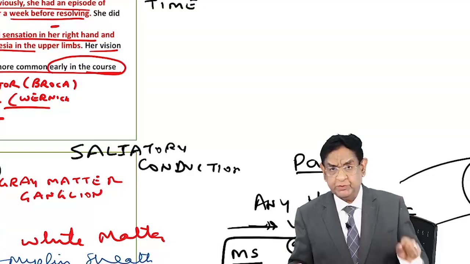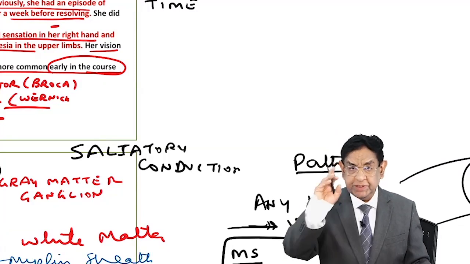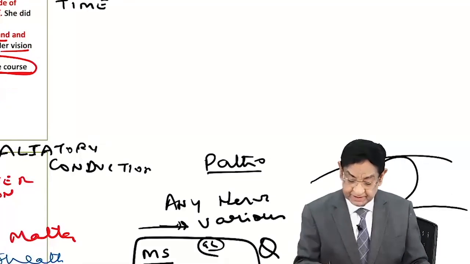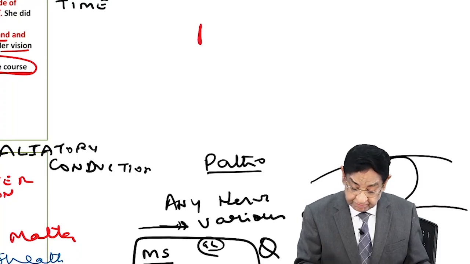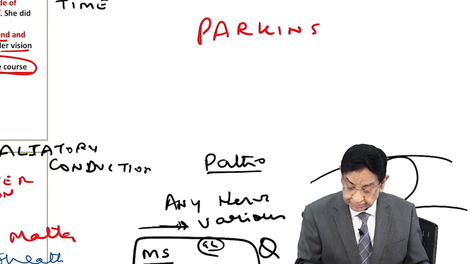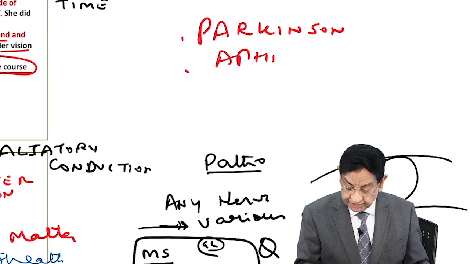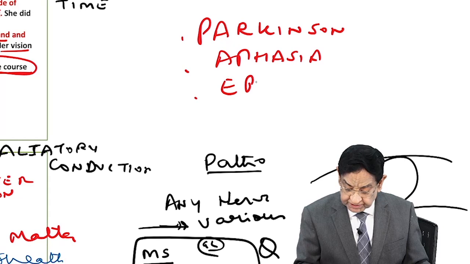So I asked you a question: which 3 things never happen in multiple sclerosis. Parkinsonism is not a feature. Aphasia is not a feature. And epilepsy or seizure disorder are not a feature.